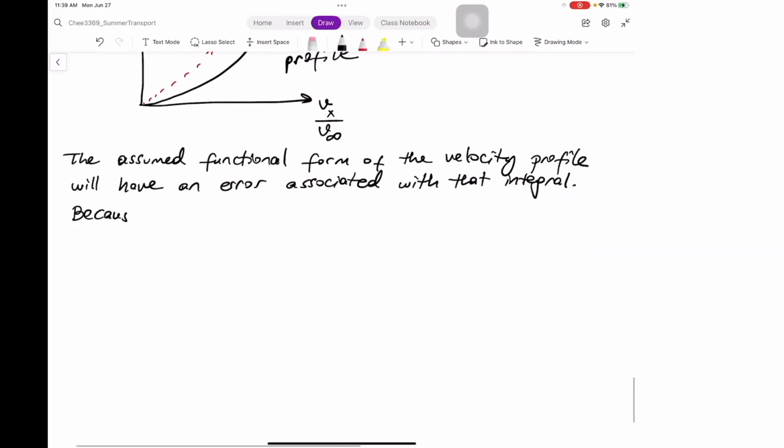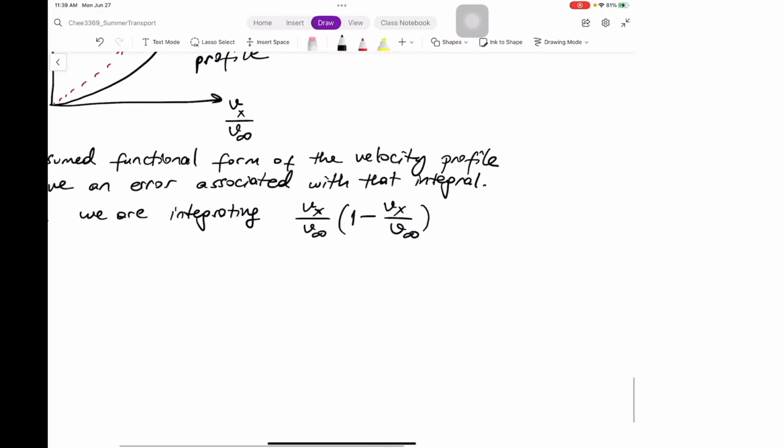Because we are integrating Vx over V infinity times 1 minus Vx over V infinity. I'm writing it in positive values so that both are positive. I know that Vx is smaller than V infinity, so this term is also positive, this term is also positive.